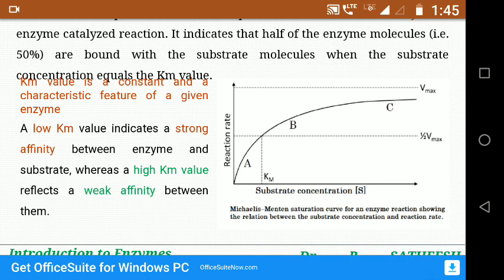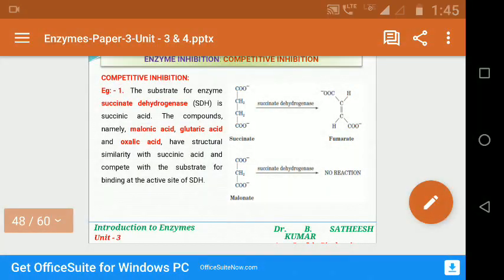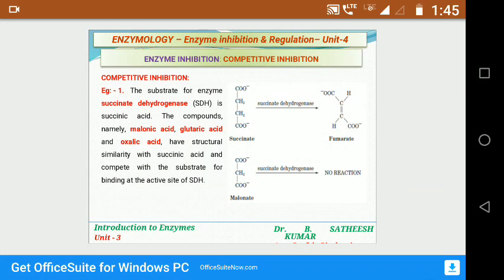Therefore the Km value indicates the affinity between enzyme and substrate. It is a property of the enzyme's active site and the substrate. If the affinity is more, the Km value is less. If the Km value is high, then the affinity is less.